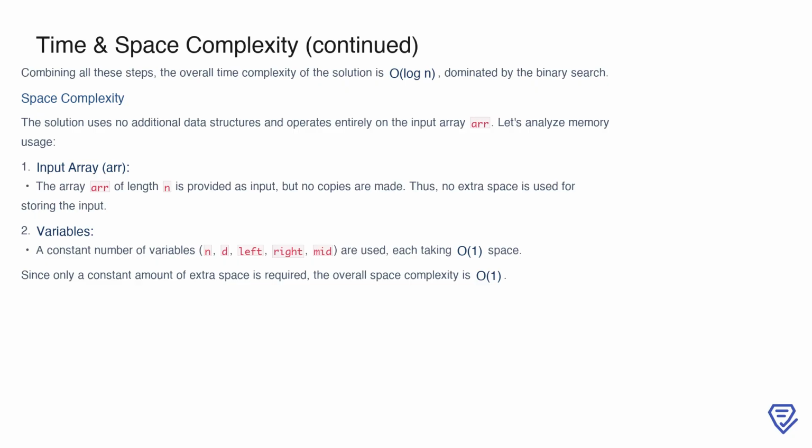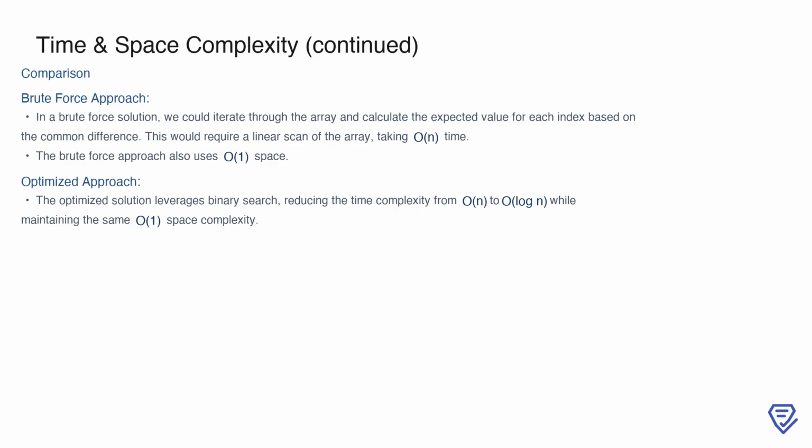To better understand the efficiency of this optimized approach, let's compare it to a brute force solution. A brute force method would involve iterating through the array and calculating the expected value for each index based on the common difference. In this case, we would perform a linear scan of the array, comparing each element to its expected value. This approach requires O(n) time because we examine each element one by one.